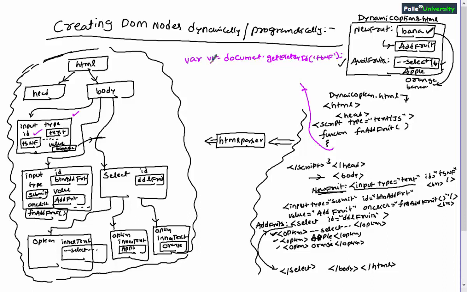After this, v1 will start pointing to this node. Now you can easily read this value by using var nfn equals v1.value. That's all, as simple as this. Now the nfn variable will be holding this newly given data, that is banana in this case.